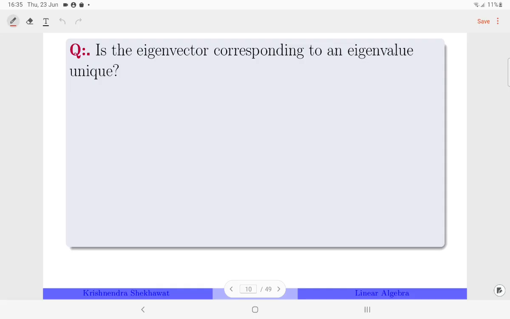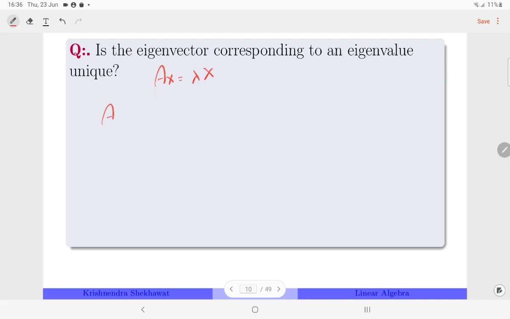There are two important questions. One, is the eigenvector unique corresponding to an eigenvalue, and how do we compute eigenvalue and eigenvector? First, quickly see this one. So let us say that lambda is an eigenvalue for the eigenvector x.